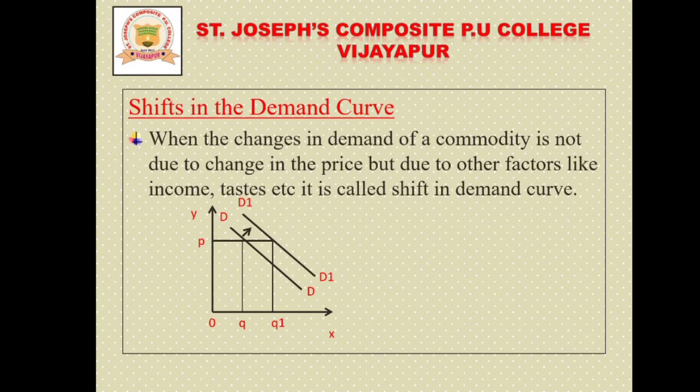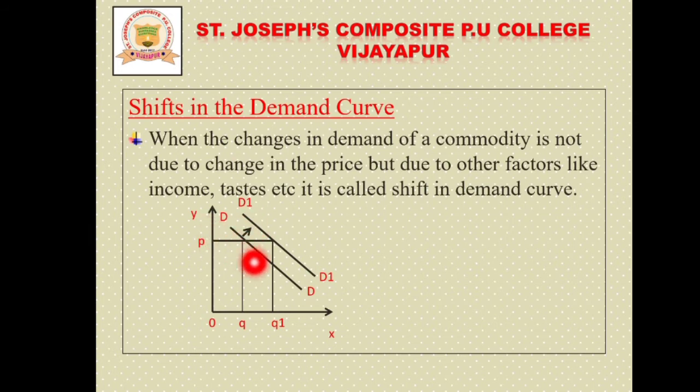Dear students, just see this diagram. We can observe that the OX axis is quantity and the OY axis is price, and here there are two demand curves. DD is the original or initial demand curve, and D1 is the new demand curve.